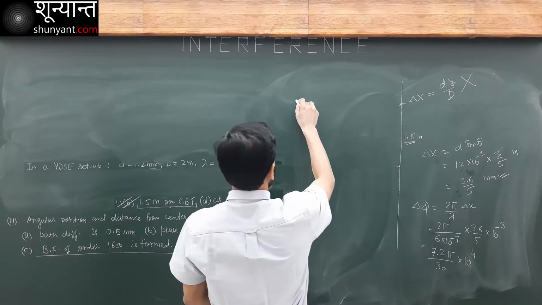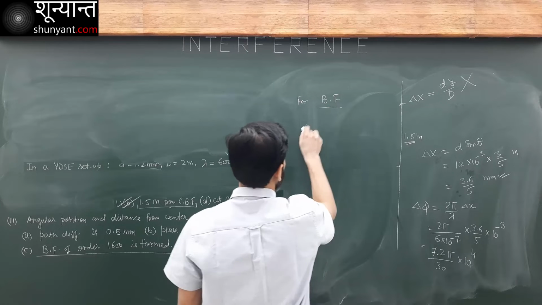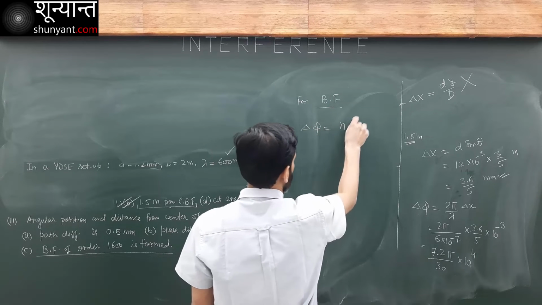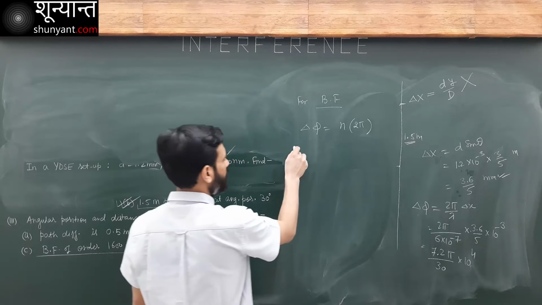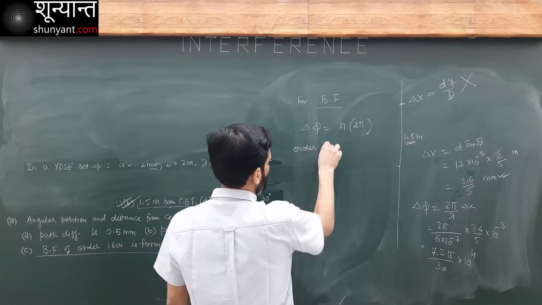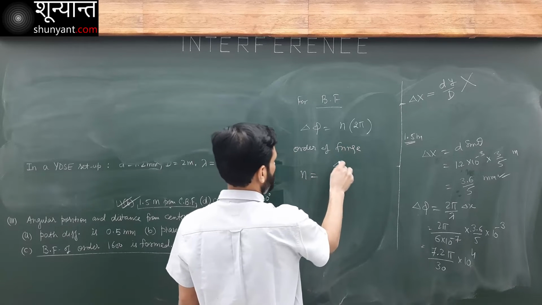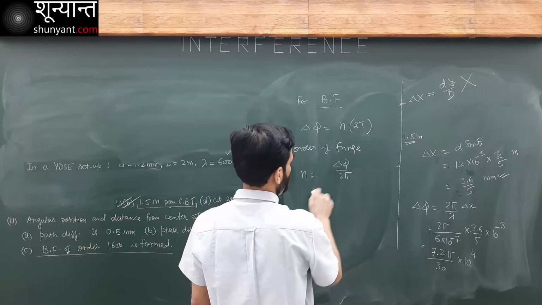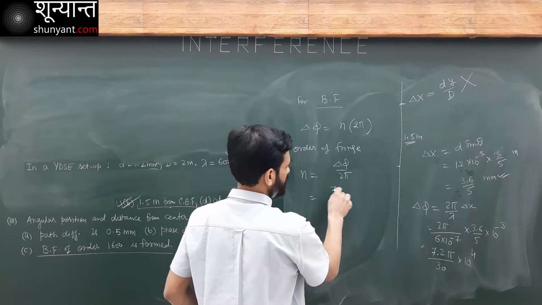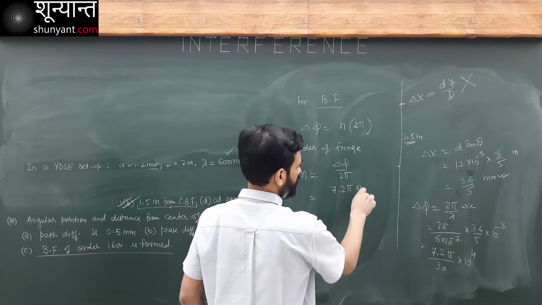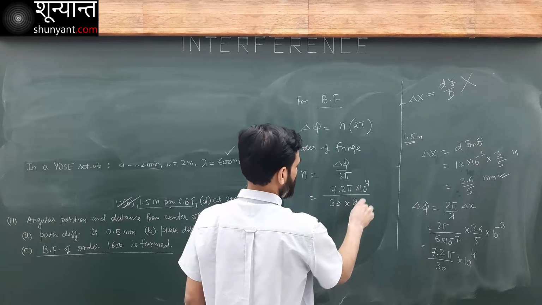Now, for a bright fringe, delta phi is n times 2 pi. So the order of the fringe n is equal to delta phi over 2 pi. What is delta phi? It is 7.2 pi times 10 to the power 4 divided by 30, into 2 pi.